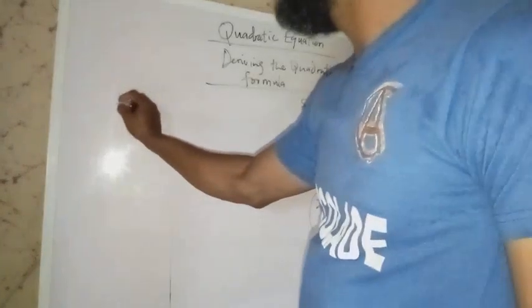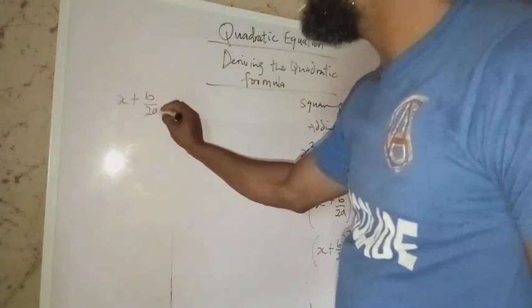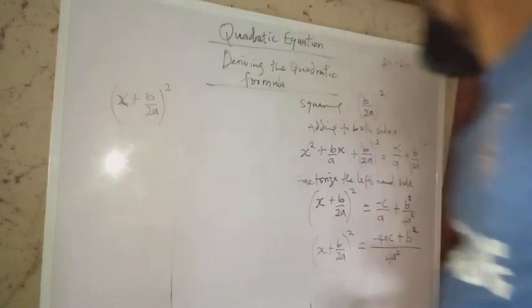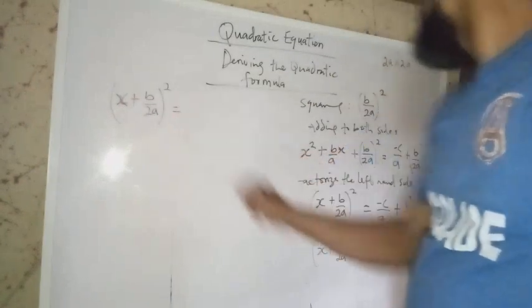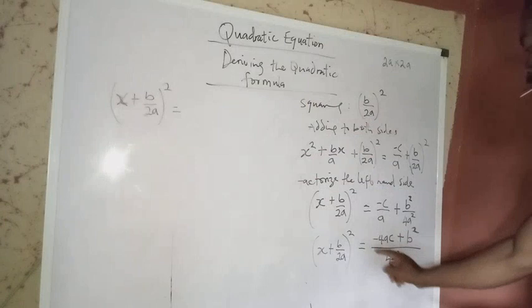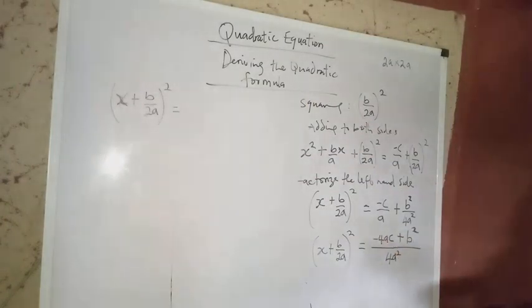So we have x plus b over 2a squared equals, I'm going to just rearrange the numerator of this fraction. The top part, that's what we call the numerator, in case you forgot.